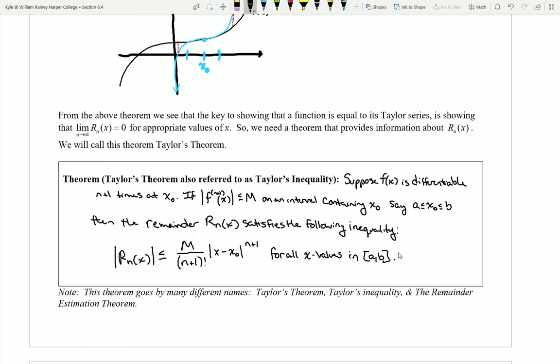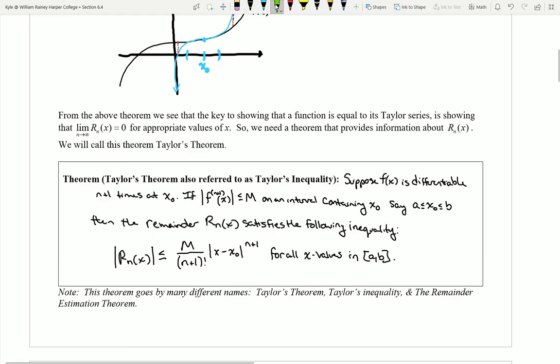Okay, this is a very complicated sounding theorem, but in actuality it's surprisingly simple. If you break it down to the bare bones, what it's actually saying is it's giving us an ability to approximate how big our remainders might be on an interval. Not on the whole function, but on an interval. And so what it says is if you can meet the conditions, and then you have an interval from a to b, maybe that's an interval like up here in my picture.